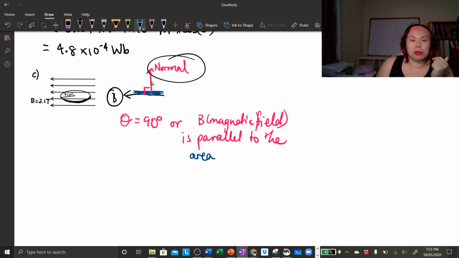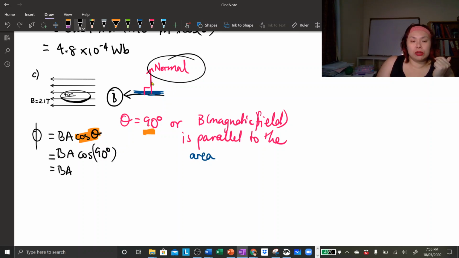Now, why do we care about this? Remember that your magnetic flux is the field strength multiplied by the area times cosine theta. And in this case, when we look at cosine theta, we've got an angle of 90 degrees. So cosine of theta is cosine of 90 degrees, and from before we learnt that cosine of 90 degrees is actually 0.